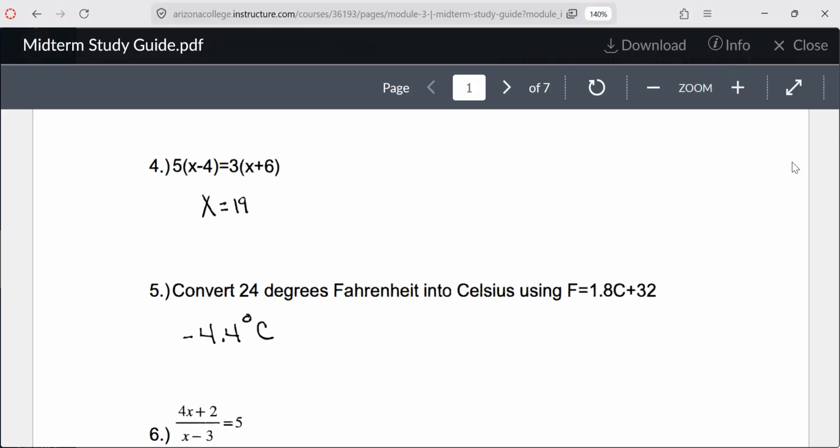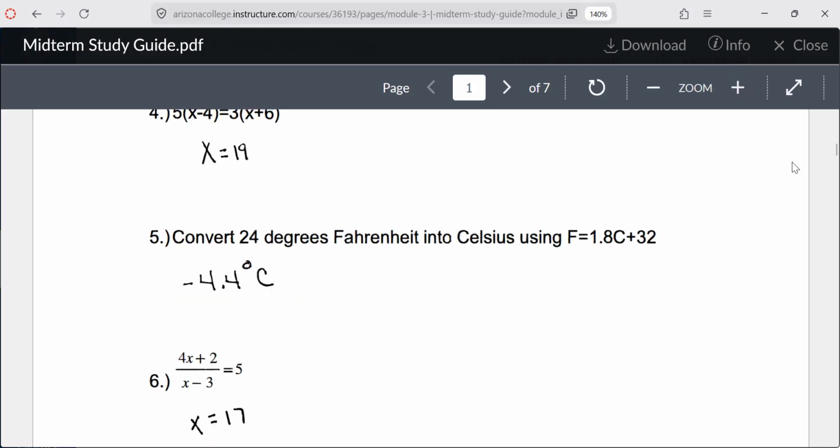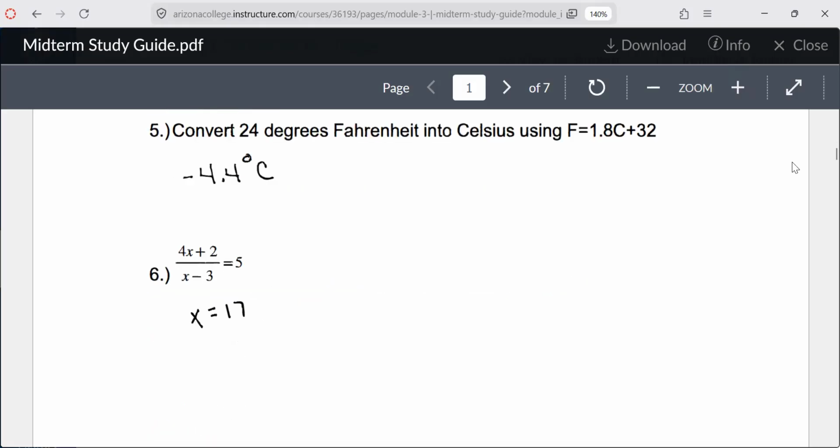In this problem for number 5, it says convert 24 degrees Fahrenheit into Celsius. So we are given the F value, and we are supposed to find the C. So go into the formula. And I think you have this formula in the conversion sheet that will be given to you.